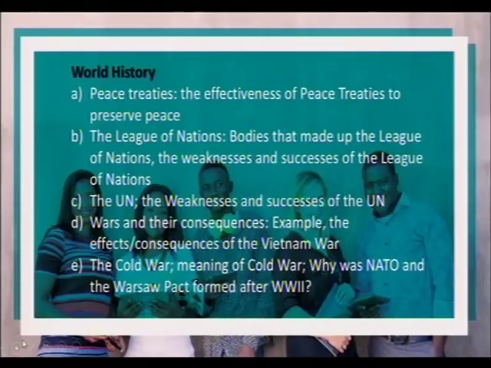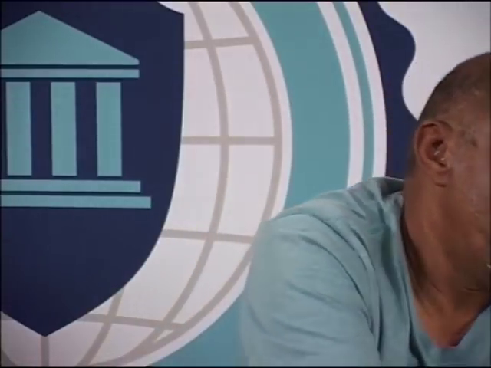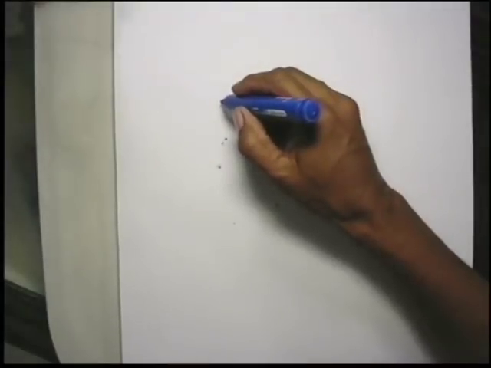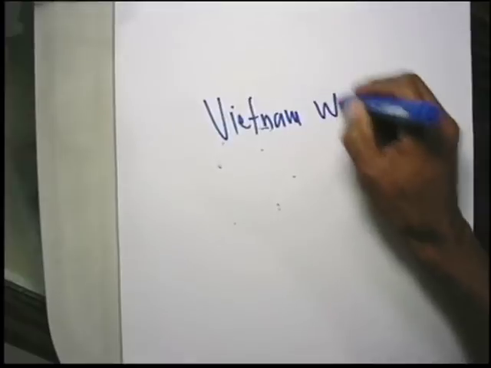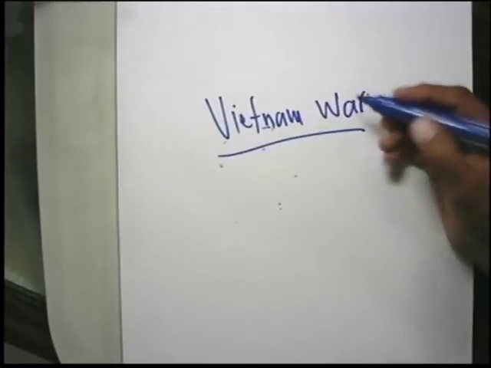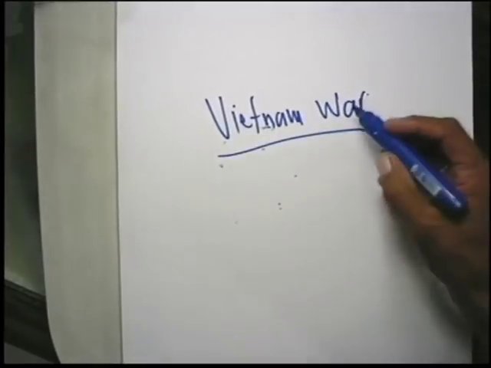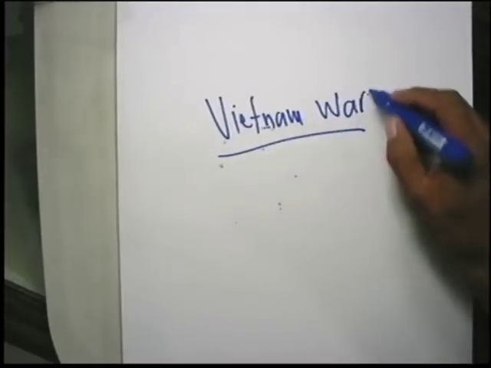Another example is a section, especially during the Second World War, the Vietnam War, especially with regard to the effects and the consequences of the Vietnam War. How did the war, for example, affect the people of Vietnam? Now, usually, if you focus on the Vietnam War, there are basically three things involved.